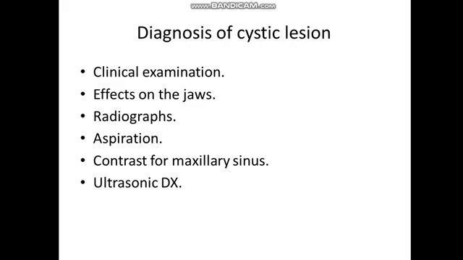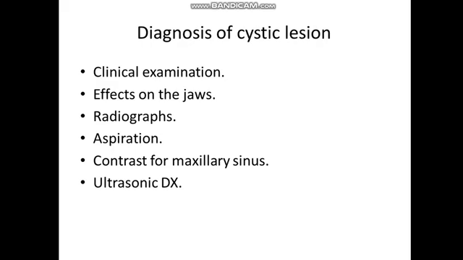This is due to bone formation, so it appears as a radiopaque layer surrounding the radiolucency of the cystic lesion. So these are the radiographs used for diagnosis. Also fine needle aspiration, to aspirate the contents of the cystic lesion, usually straw or yellow in color, could be used for the diagnosis.